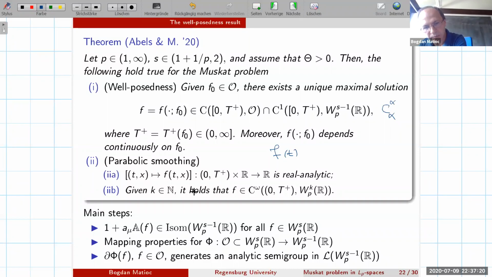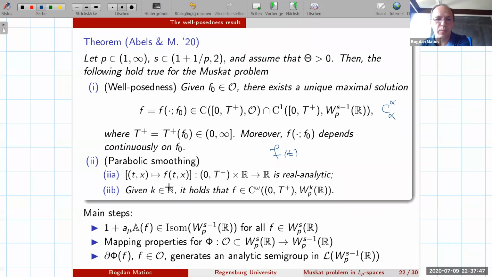And we have a second property saying that the interface is real analytic for positive times into the Sobolev space W^k_p, whatever k is. So we have two parabolic smoothing properties, which are consequences of the result about real analyticity of the semiflow map within Lunardi theory.